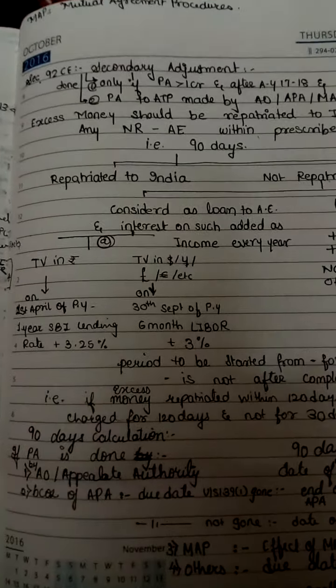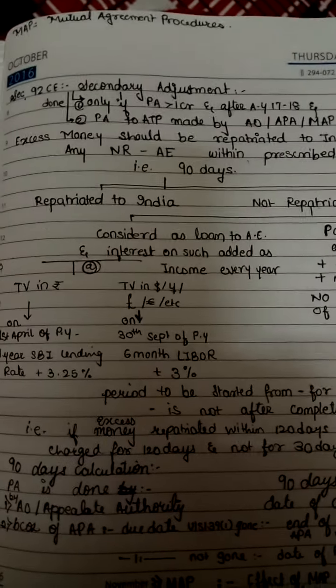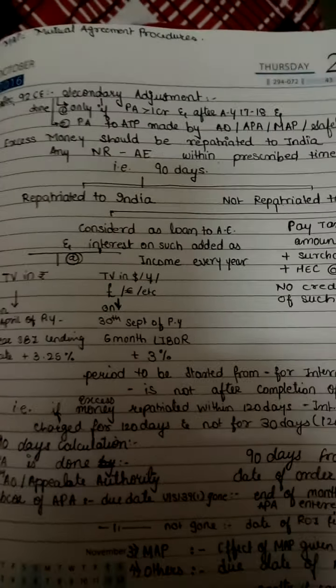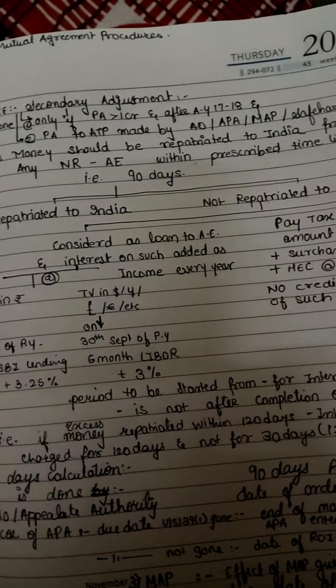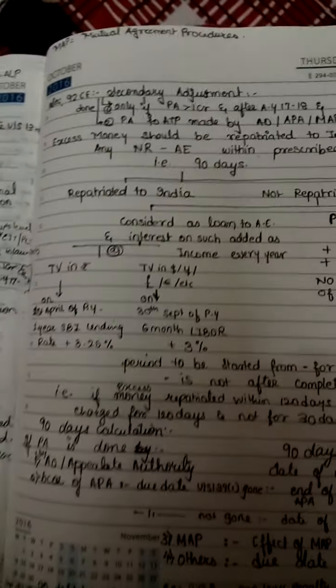So this excess money should be repatriated to India from the associated enterprises. It can be repatriated to India by any non-resident associated enterprise within the prescribed limit, that is 90 days.